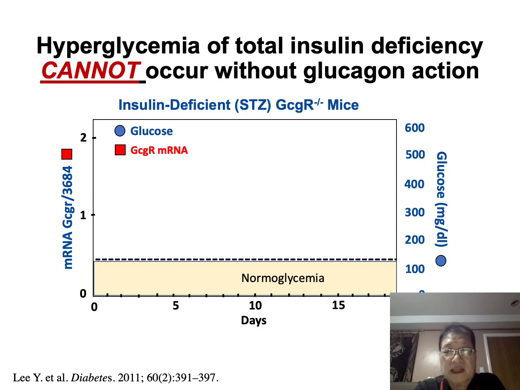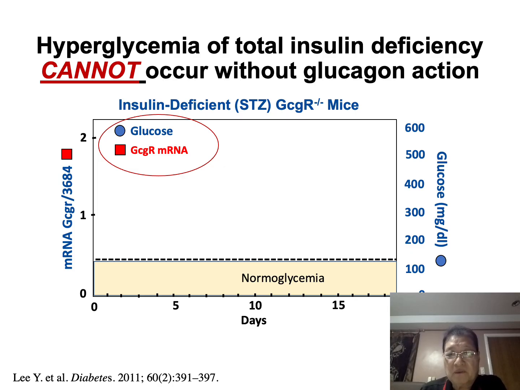Now, the study with knockout mice, or glucagon receptor knockout mice. On these mice, they measured both the glucose and the messenger RNA of glucagon receptor for the presence of glucagon receptor.